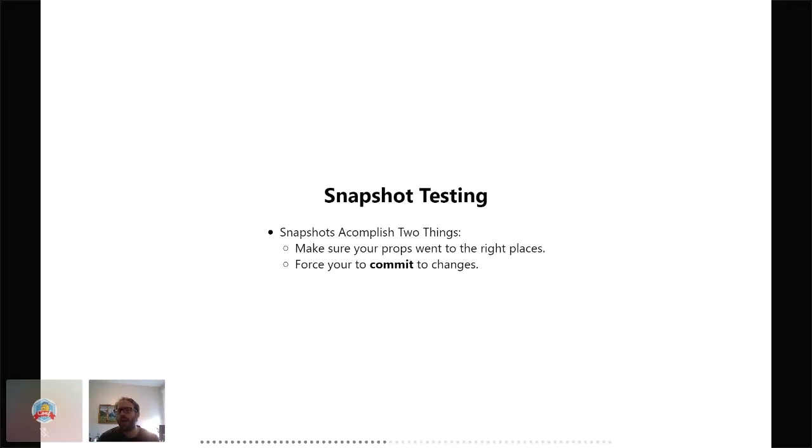But more importantly, I want to know if anything changes. I'm going to run this when it's correct. And then if I change something, that means it's going to have to write a file change for that snapshot, which is therefore part of my Git history, which is going to show up in my GitHub pull request review. And other developers are going to have to look at it and say, Josh, why is this changing?